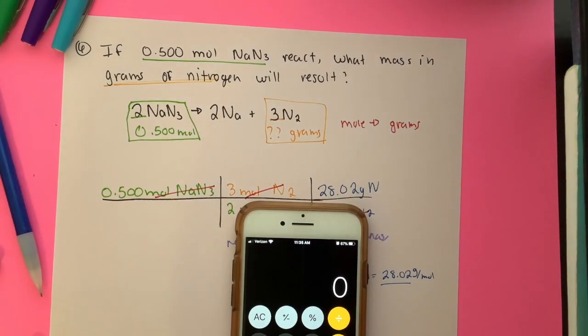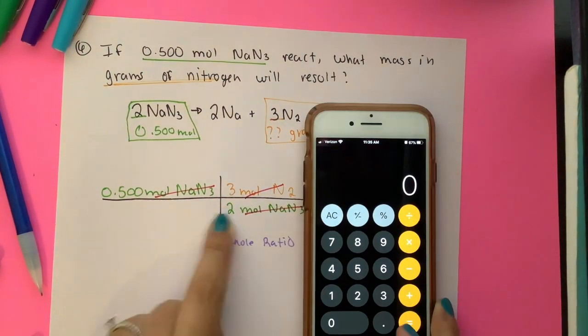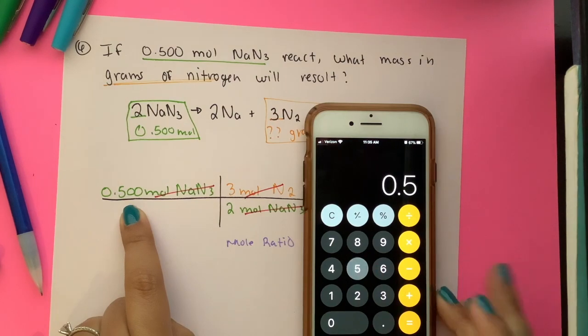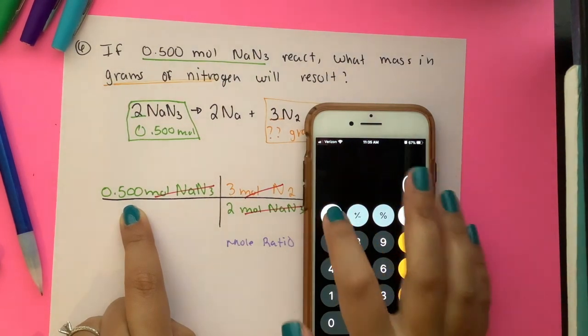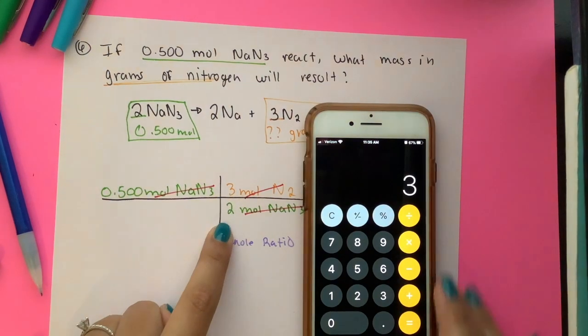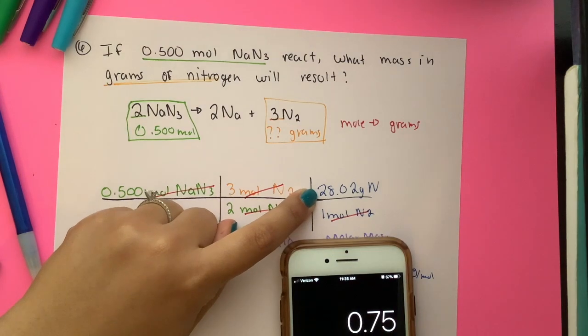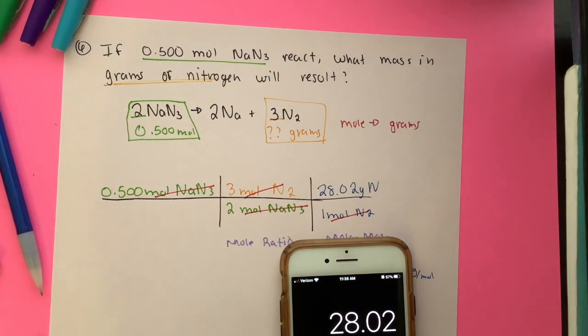So my final step is to get my calculator. If the number's in the top, I multiply. If it's in the bottom, I divide. So I'm going to get 0.5 times 3 divided by 2 times 28.02.